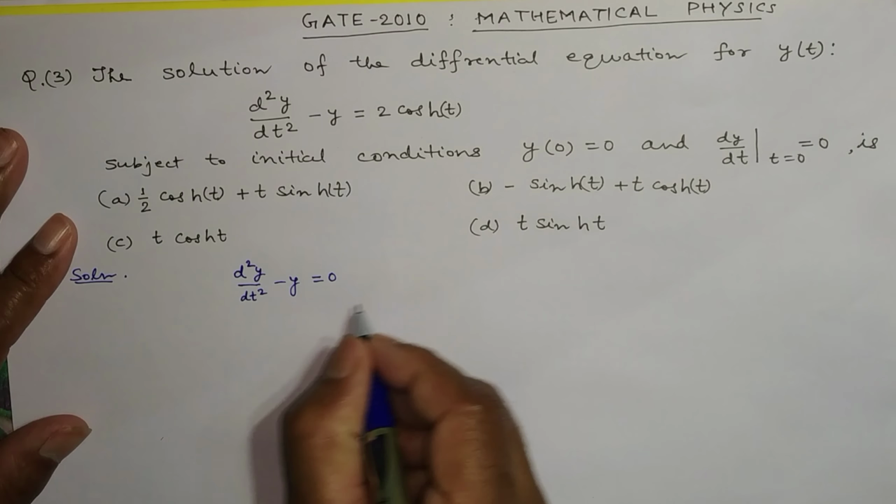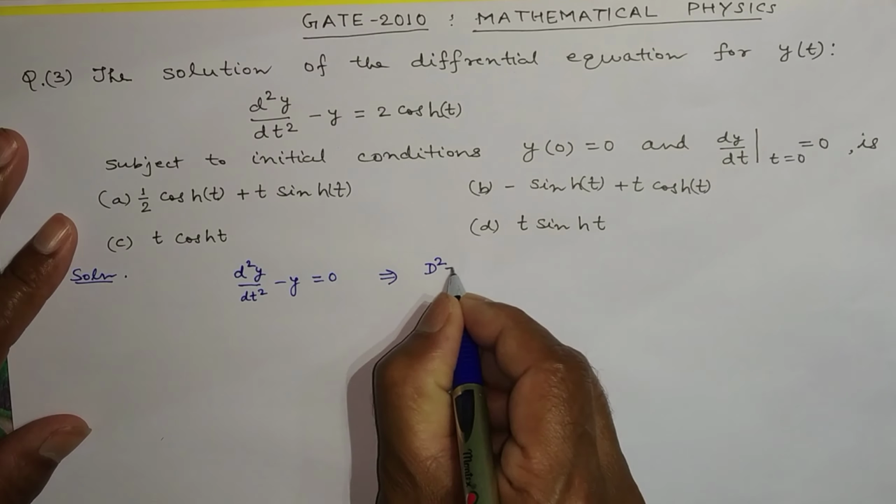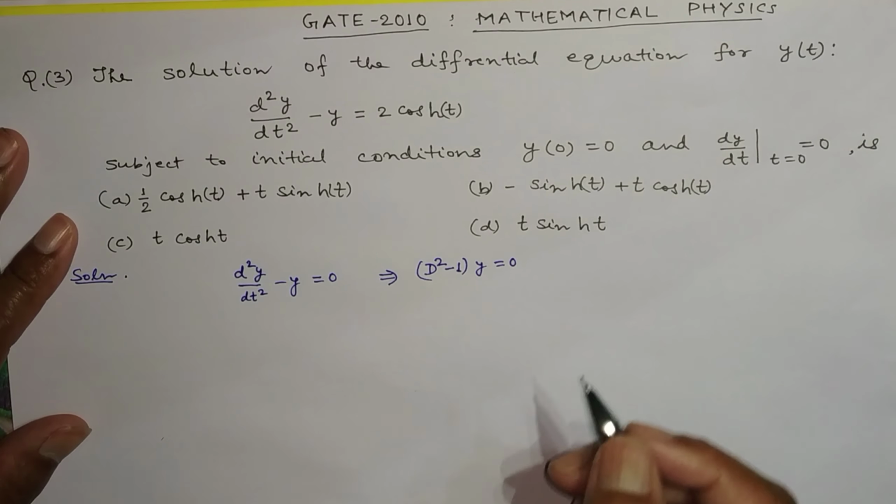In D operator, it may be written as (D² minus 1) y equals 0.